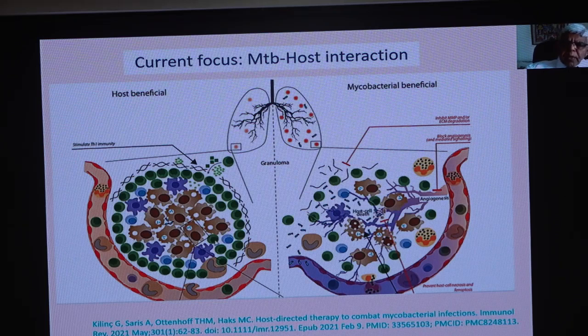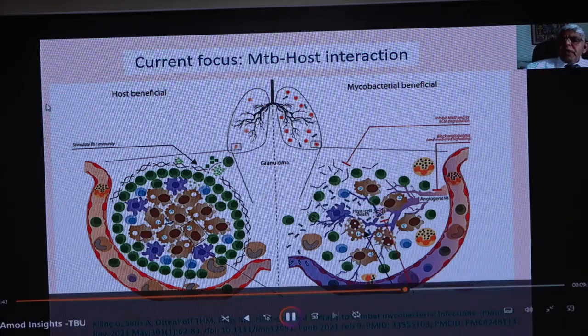Now, what is happening? This is how the body is able to contain the granuloma. That is how the infection is contained. And these bugs are sitting in the macrophages or phagocytes, and they are not able to go anywhere and cause damage. But what is happening?